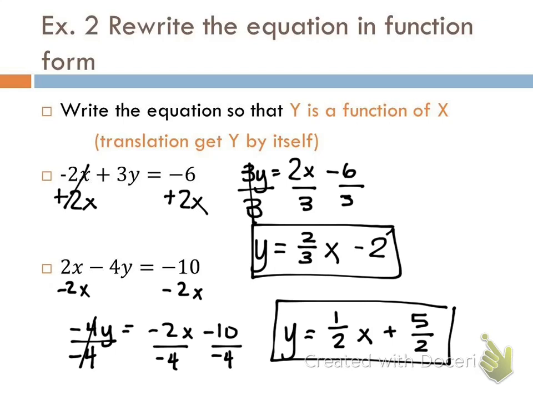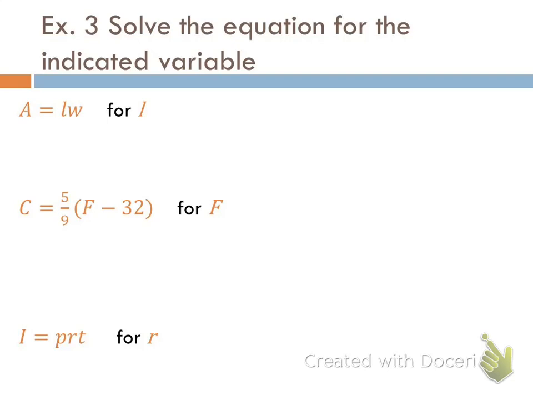Last example, and this is what I want to talk to you about for a second here. On this example, people get really confused because they see a bunch of letters. But what I want to tell you is that these letters are absolutely no different than numbers.